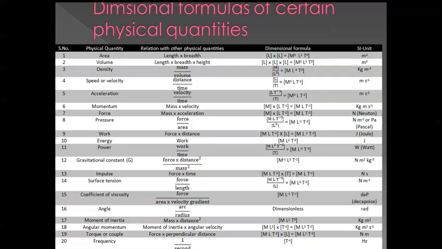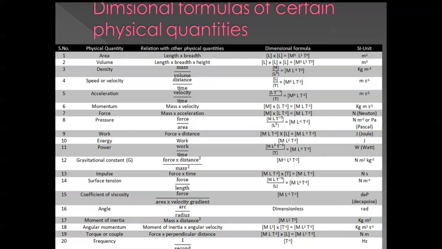So in this way we can derive dimension formulas of all the quantities if you know the equation. So acceleration, velocity by time. To derive the dimension formula of acceleration, we should know the dimension formula of velocity and time.